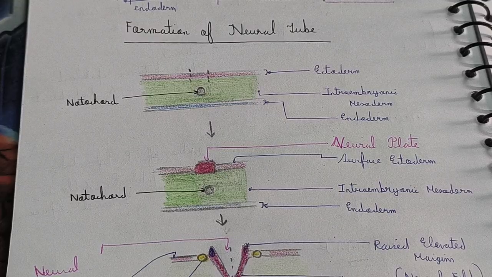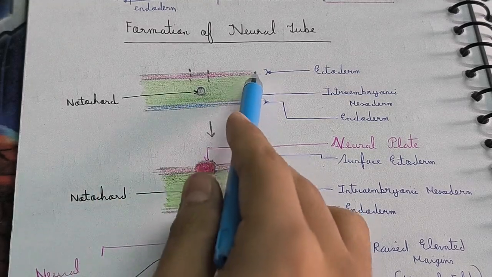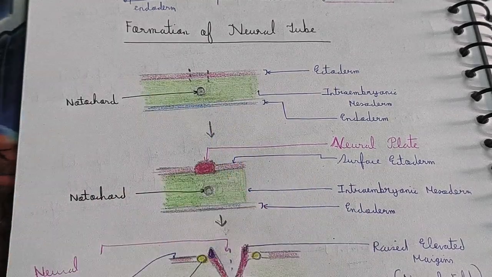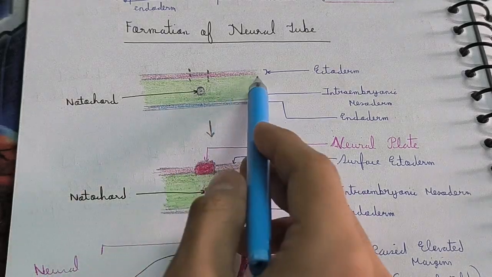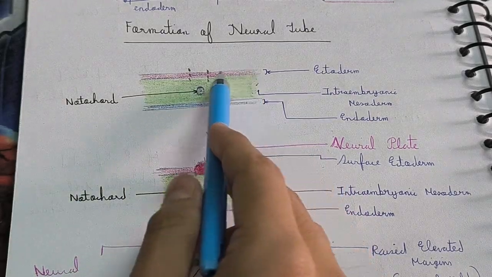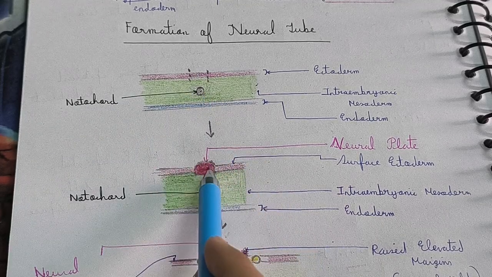So now let's discuss the formation of the neural tube. This is very important. As you know, the gastrulation process and notochord formation take place simultaneously. Now see that this is the ectoderm and this is the portion of ectoderm lying over the notochord.